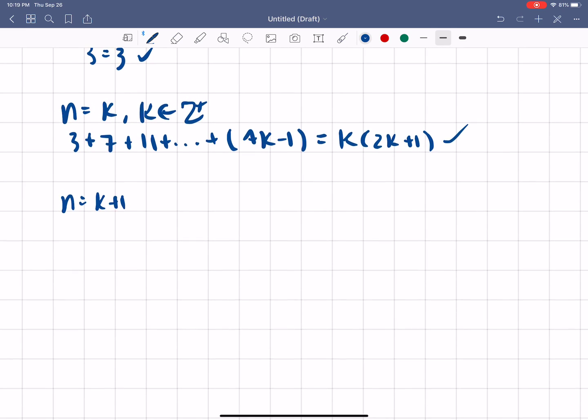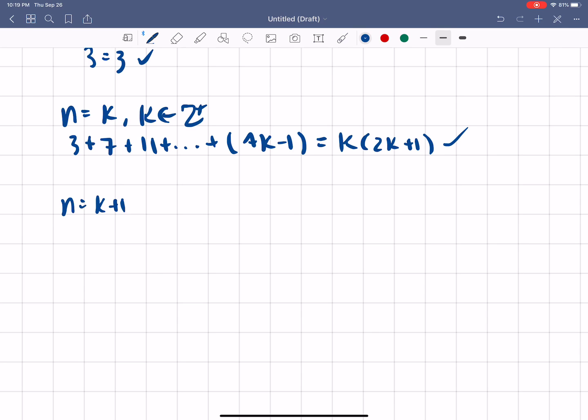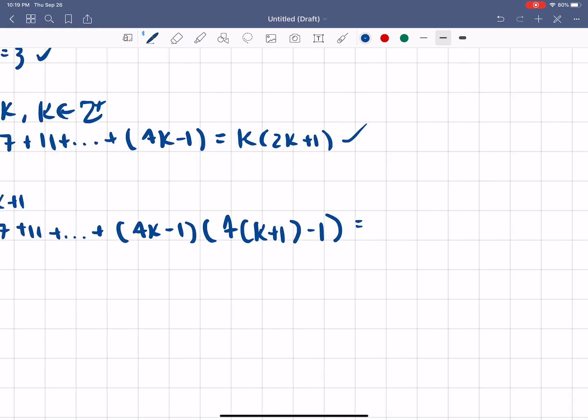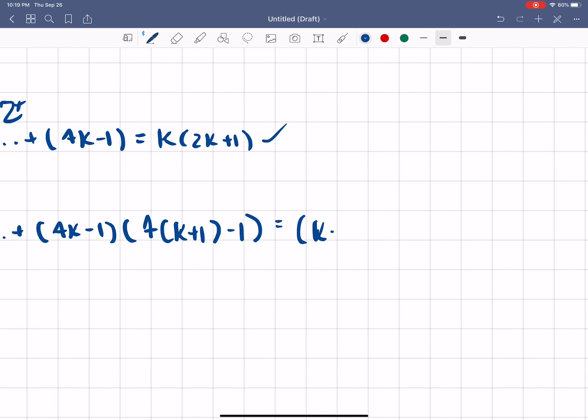So we rewrite the statement such that n equals k plus 1 is present in the sequence. And because it's k plus 1, we essentially also show that k plus 1 is in the sequence. So how do we do that? We replace every k we see with a k plus 1. So we see a k, we replace that with k plus 1.